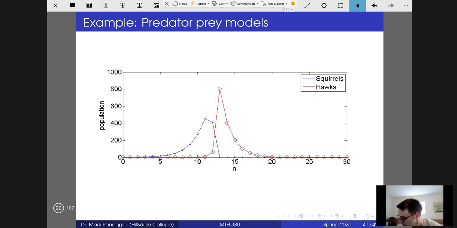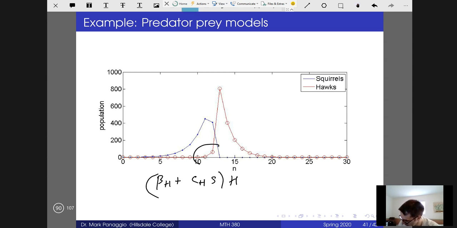But as the squirrel population grows, what's going to happen? Well, if you recall that the hawk births had the form beta H plus, I think we called it CHS times H. So as the number of squirrels increases, the hawk birth rate increases, and so the hawks are going to start to grow in population as well.